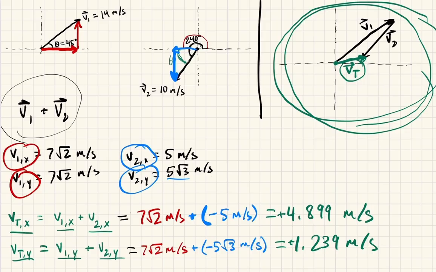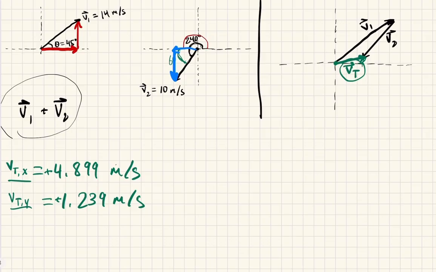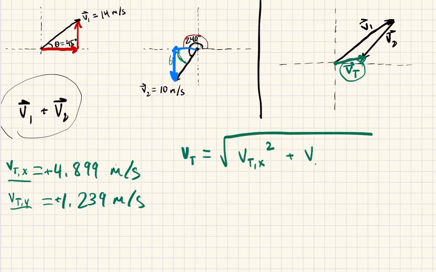All right, so now let's move on to our last step, which is to find the magnitude and direction of the resultant vector. So we have the components of our resultant vector. So now all we have to do is find the magnitude of the resultant vector using this formula here, okay, which is derived from the Pythagorean theorem, okay, and I talk about that in one of my previous videos on understanding vector components.